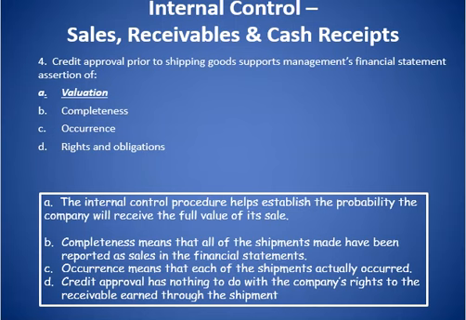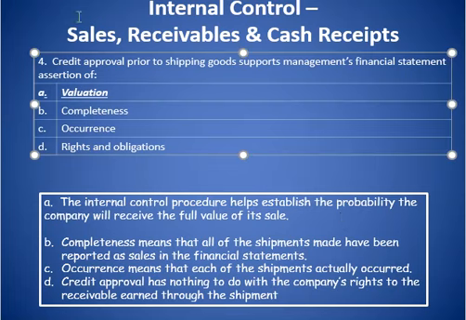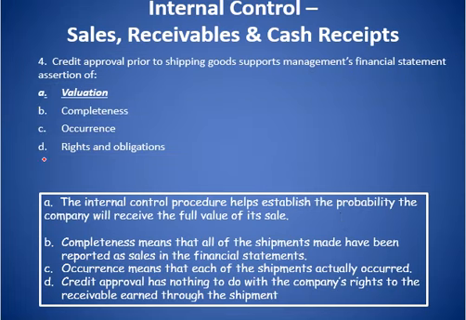Okay, and the answer to number 4 is valuation. So basically, this internal control procedure helps establish the probability, in effect, that the company will receive the full value of its assets, because it is going through the credit granting process.